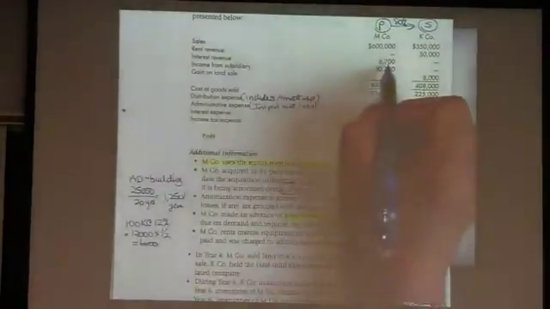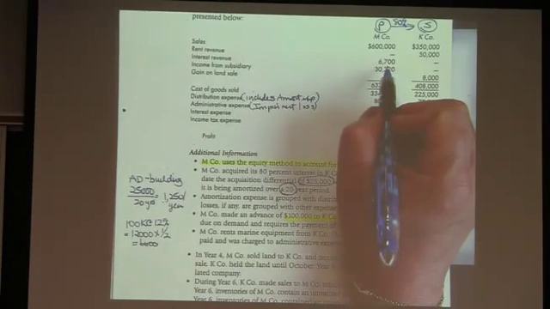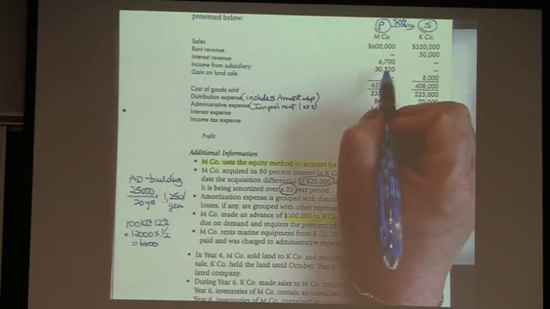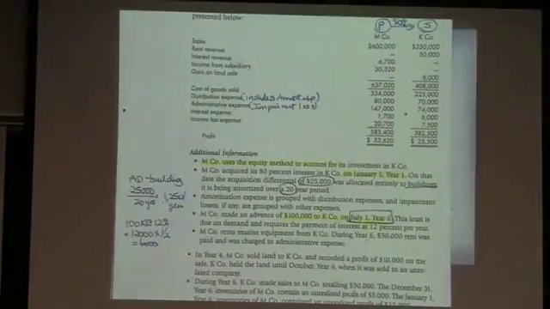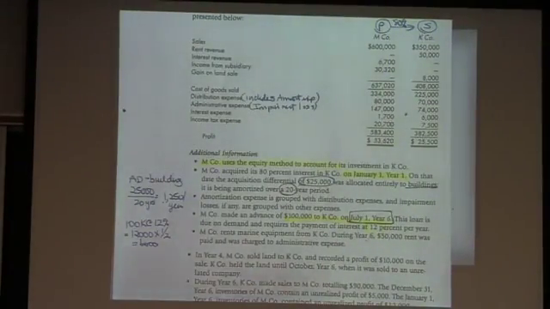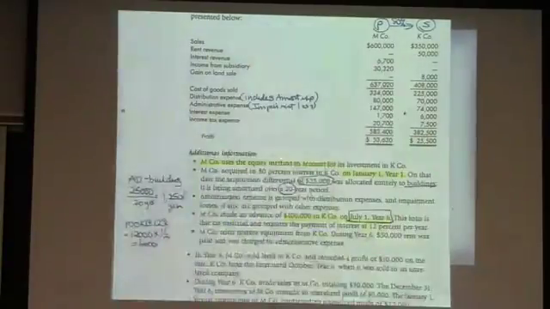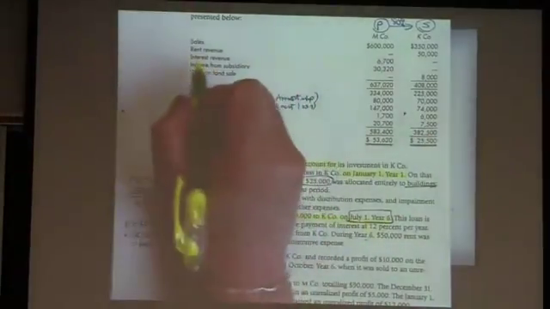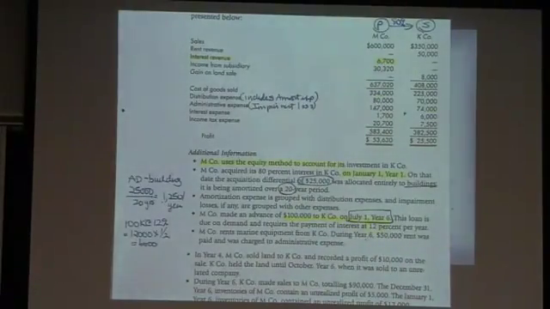So we know $6,000 of this relates to the intercompany interest. Let me highlight that just to be mindful that I need to incorporate the elimination there.